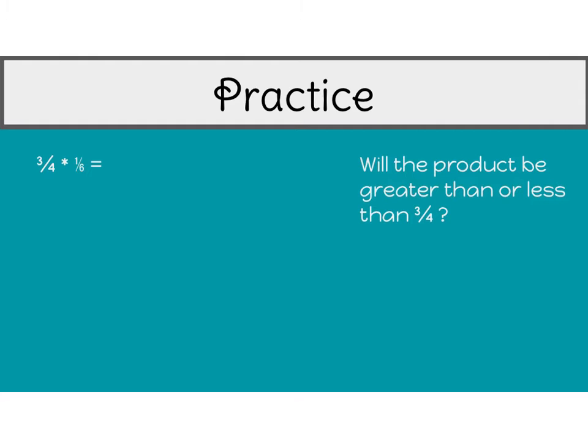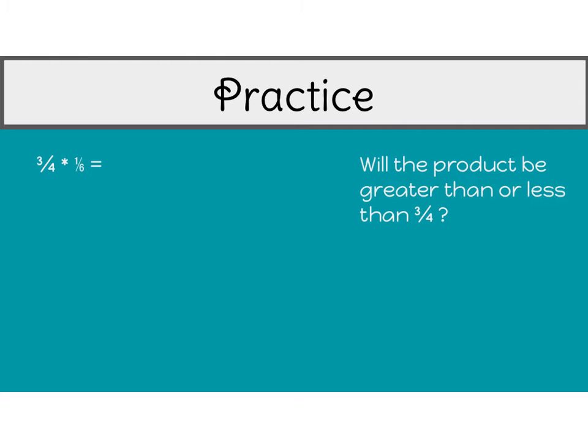So to multiply two fractions, we're going to multiply the numerators of the factors to find the numerator of the product. We're going to multiply the denominators of the factors to find the denominator of the product.